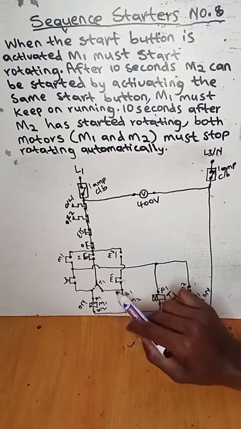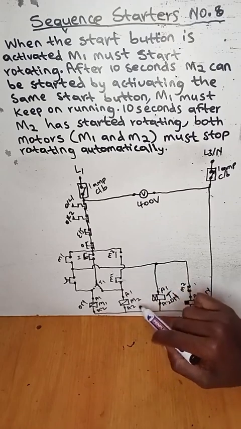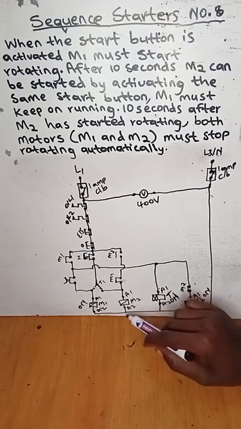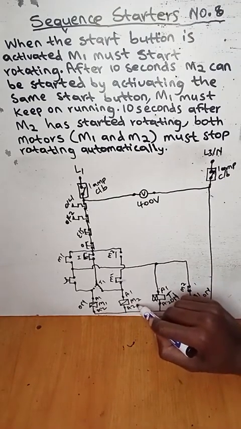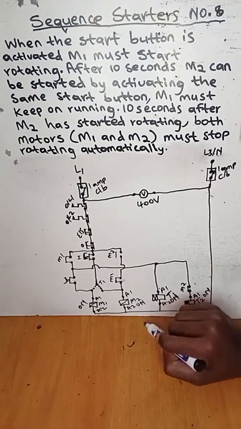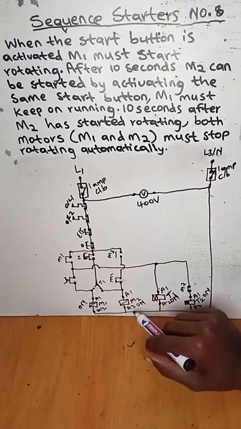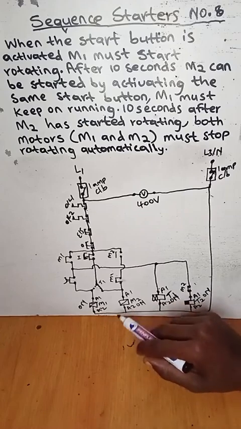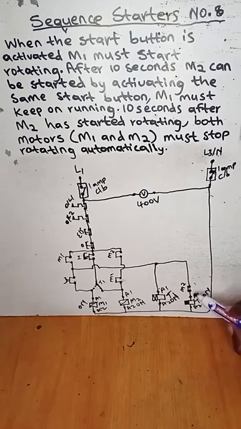It will flow this side and all the way to A1 of coil of motor 2, and A2 will also have live 3, right? Which means right now coil of motor 2 will be energized, and when it's energized, it will affect all its contacts. The retainer of motor 2 will be closed, and then the close contact of motor 2 will be open.